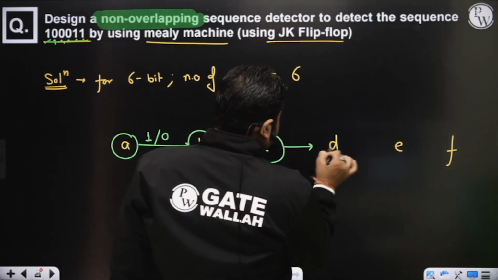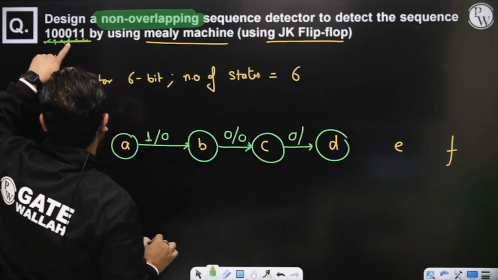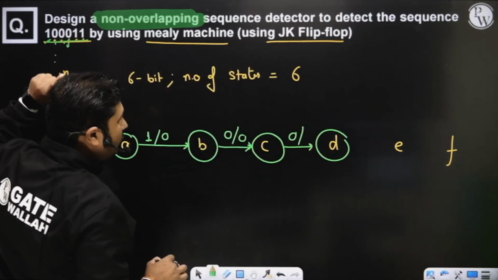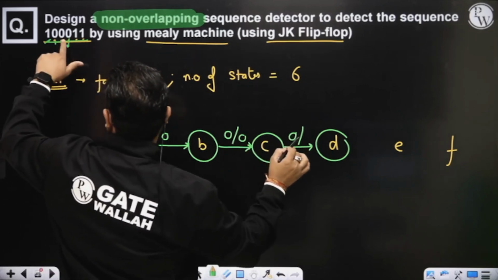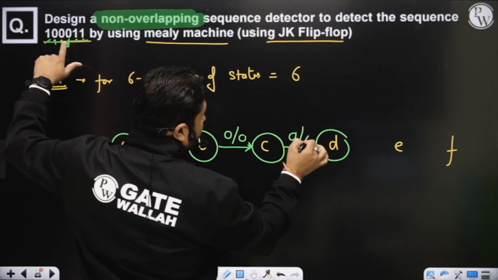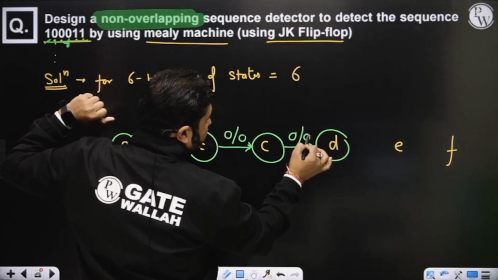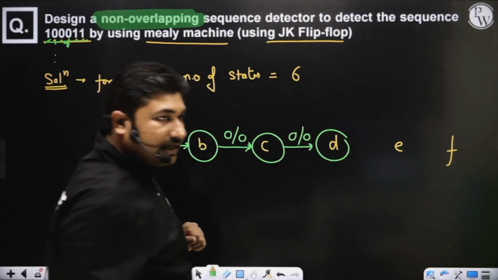If the input is a 0, then move to the next state because 0 is the required sequence. Output is 0 because the entire sequence is not yet detected.